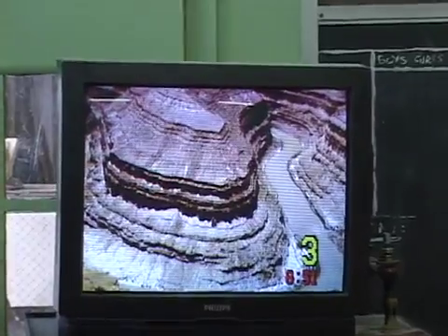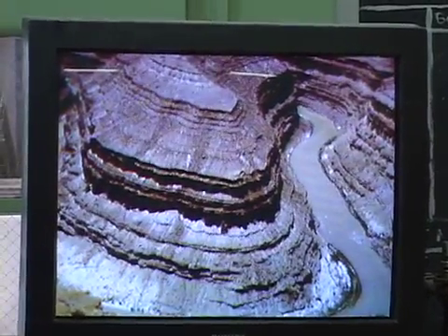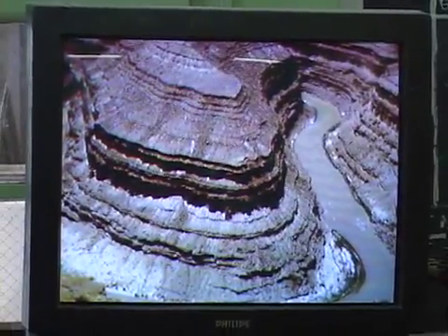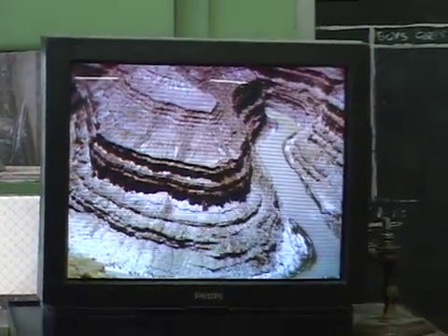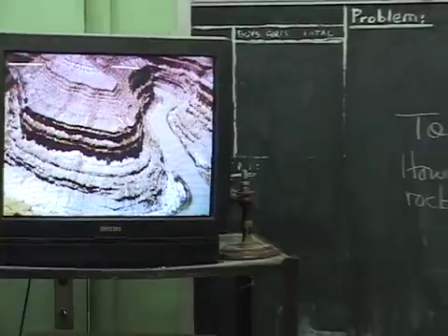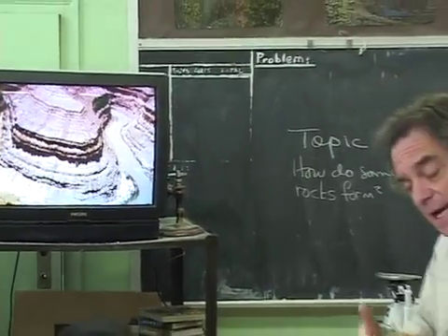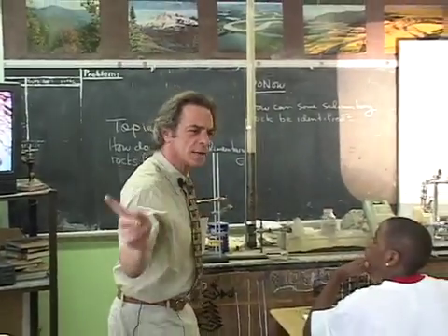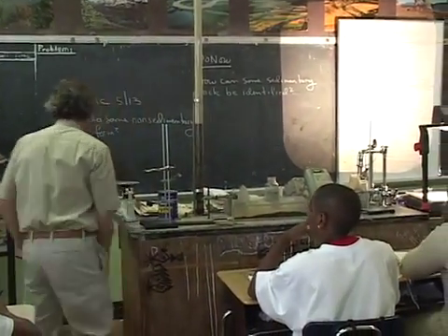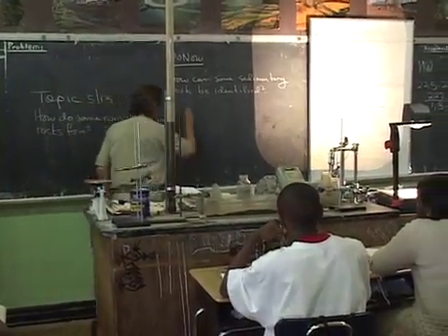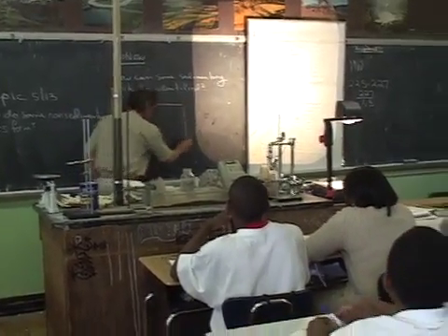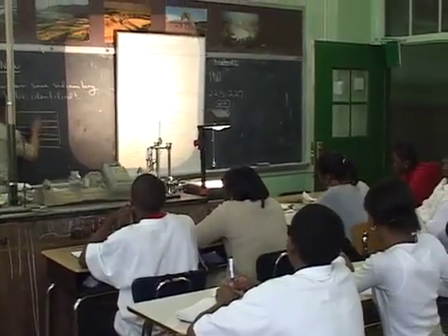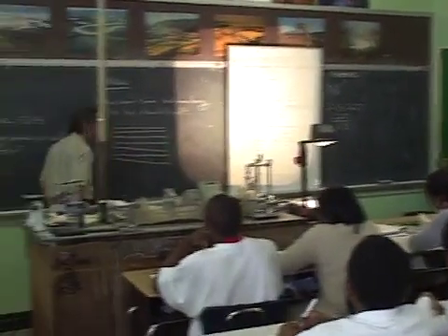How do you know, Natasha? Look at it. How do you know it's stuck together? That's what Stephen said. Absolutely. So in a cross section, looking at it from the side, it appears like that.